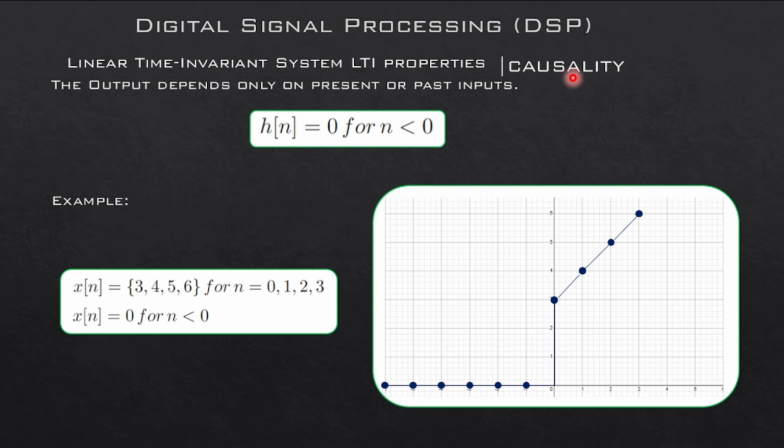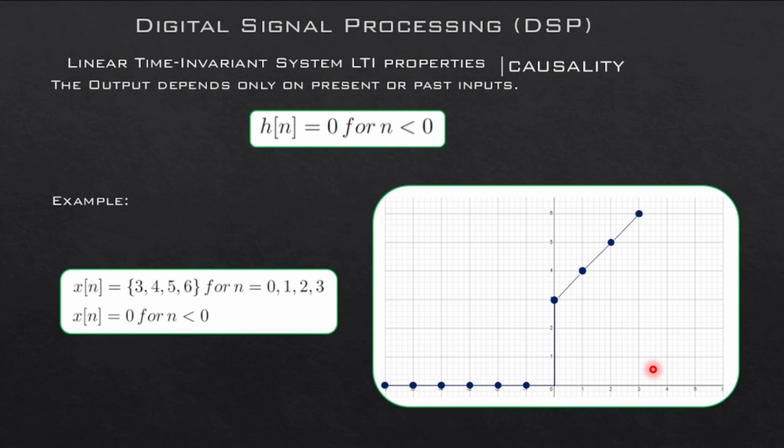Okay, now we're going to talk about causality of a system. So what do we mean by causality? Causality means that the output depends only on present or past inputs. So technically speaking, for a signal, hn exists or has actual values for n greater than or equal to 0.